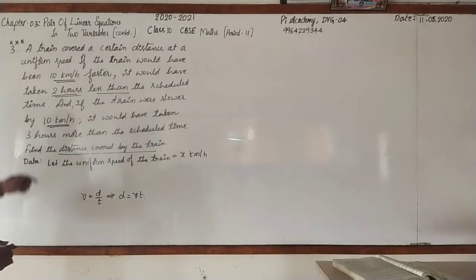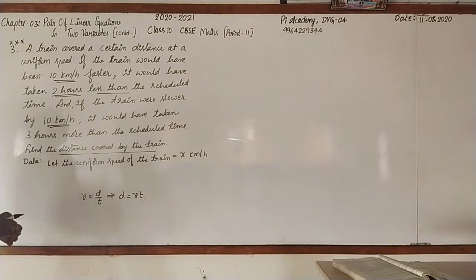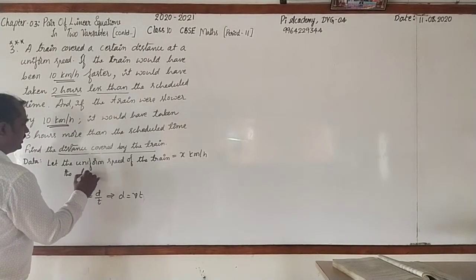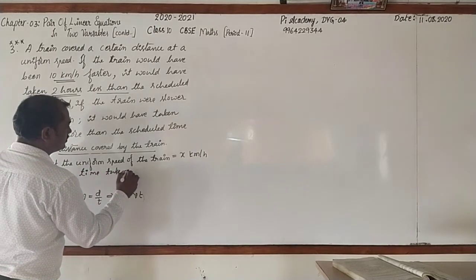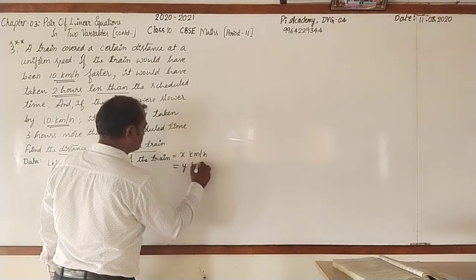Right? Then what is the time taken, or the time for which it travels to cover some distance? You may call that y. And the time taken is equal to y hours.